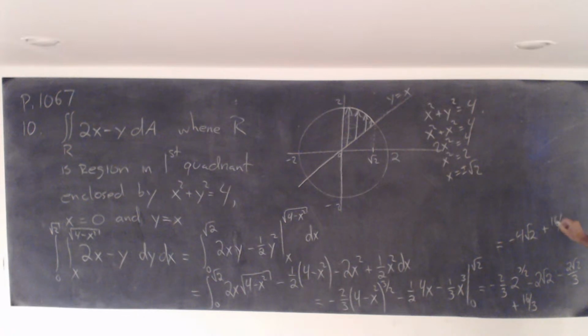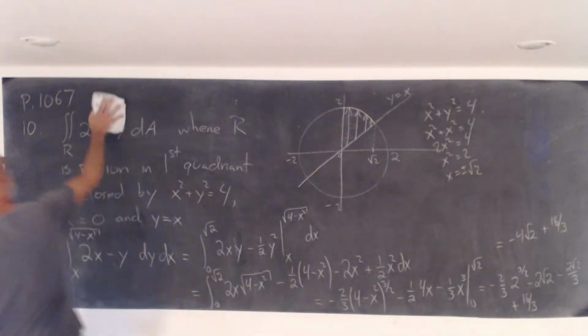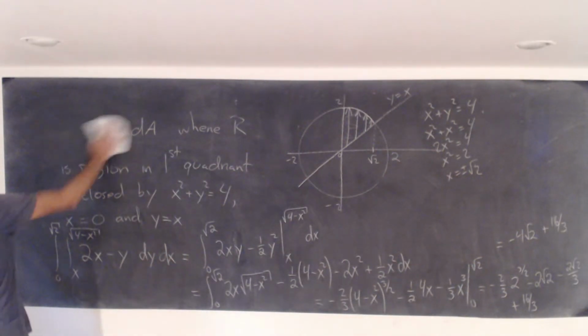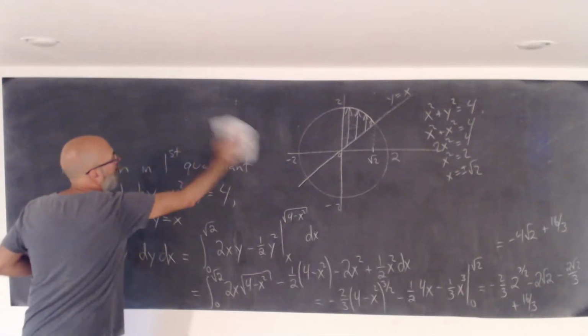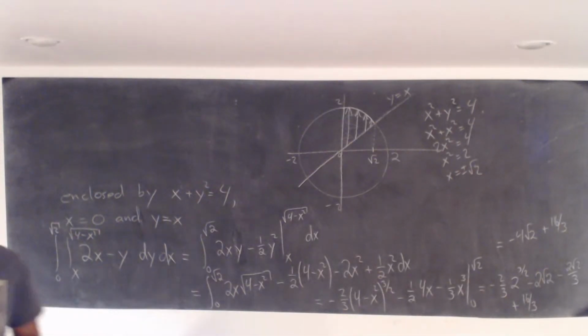This is apparently the answer. Is that correct? Does anybody have that? Minus 4 root 2 plus 16 over 3? We'll see, because we're going to redo this question using polar coordinates.